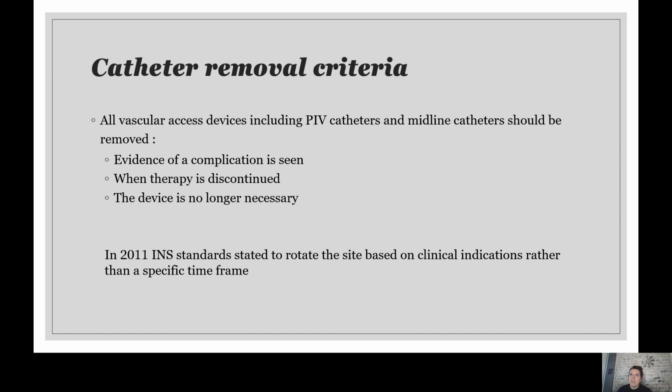However, if, let's say, their antibiotic finished at 12 o'clock and we're waiting on a culture and sensitivity, we're not going to take that IV out because we're waiting on another culture and sensitivity, and our assessment skills tell us that we're probably going to be starting another antibiotic this afternoon. We're not going to take that IV out and unnecessarily stick our patient. So just use your brain in regards to removing, usually we don't remove a good IV just because.